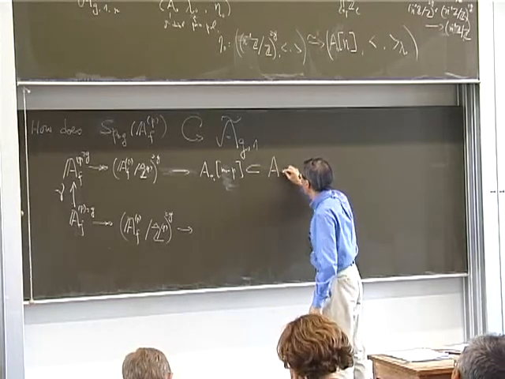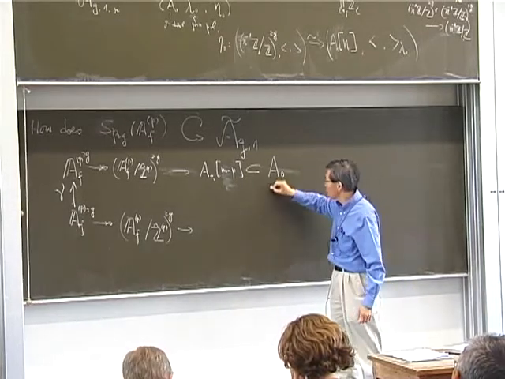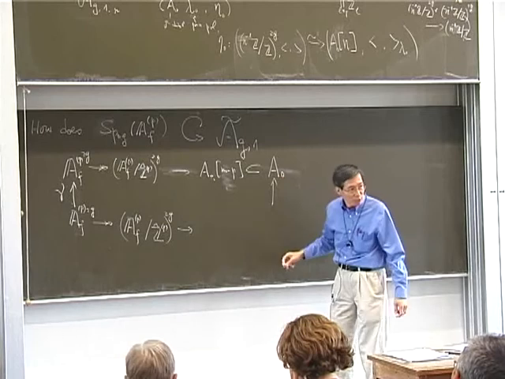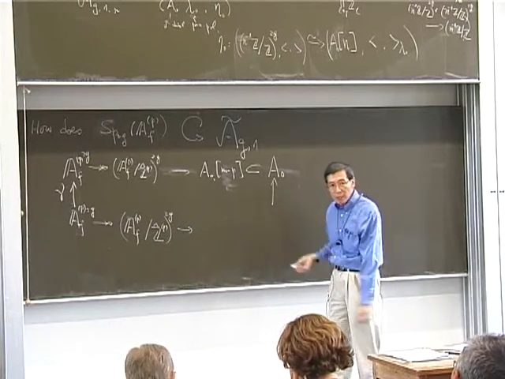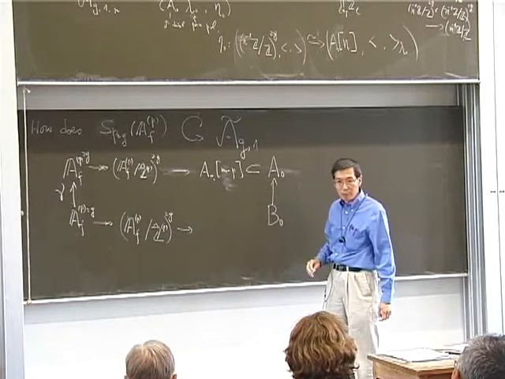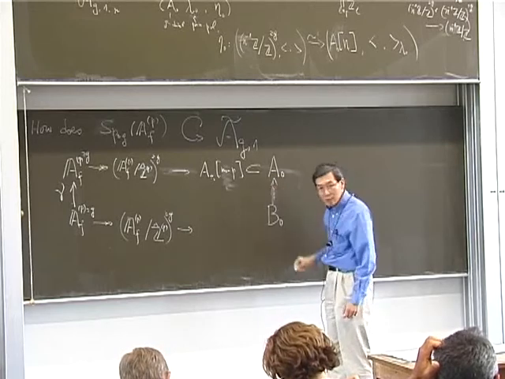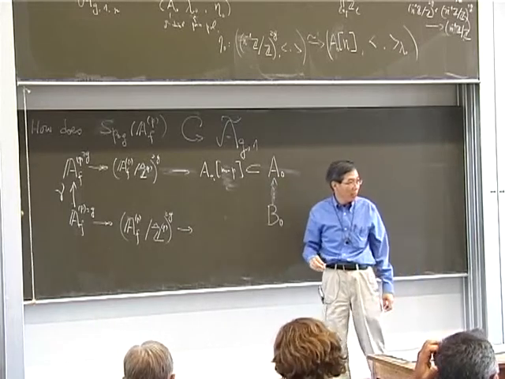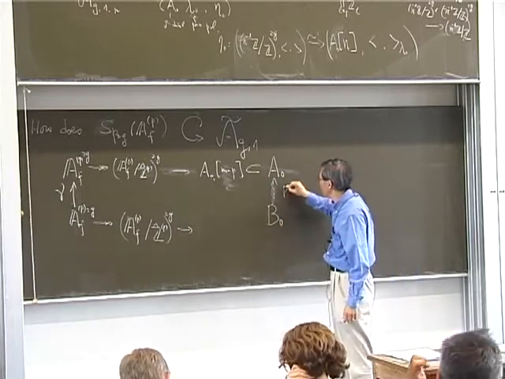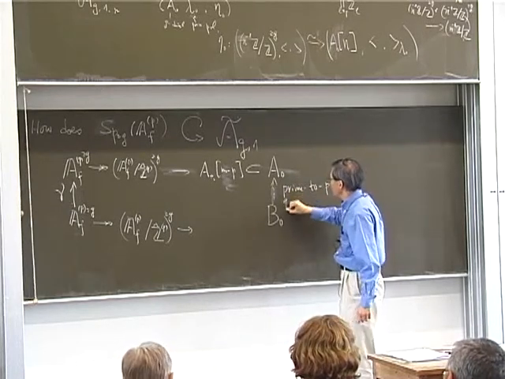They are contained in this abelian variety. Okay? Now, the standard way, if you think a little bit, is that what we are doing is making an isogeny. So I'll fill in with an abelian variety B here, so that this arrow is not a morphism between abelian varieties, but rather it's a prime to p quasi-isogeny.